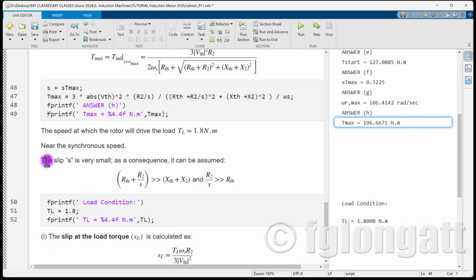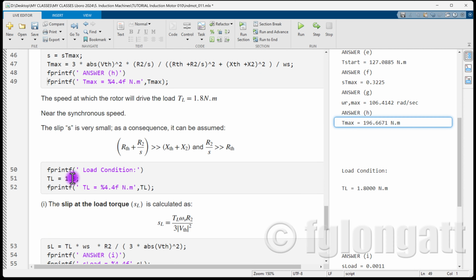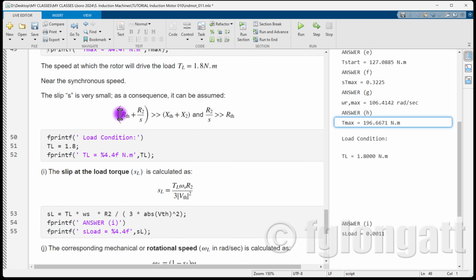If we assume that the slip is very, very small, we can make some simplifications, saying that the resistive part is larger than the reactive part. And also the rotor circuit is larger than the Thevenin circuit.